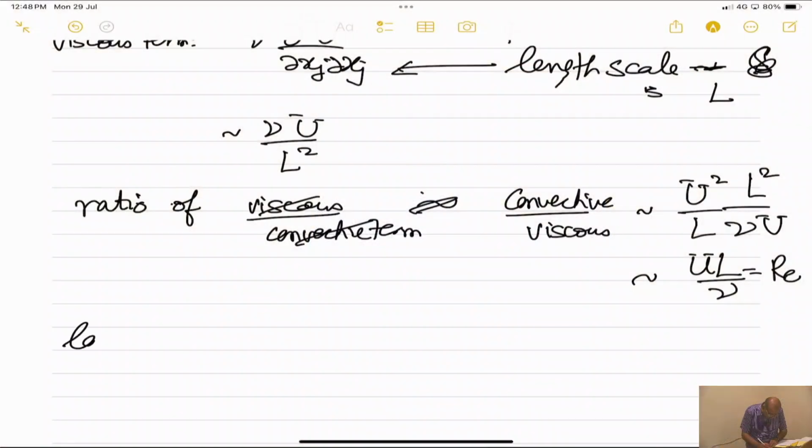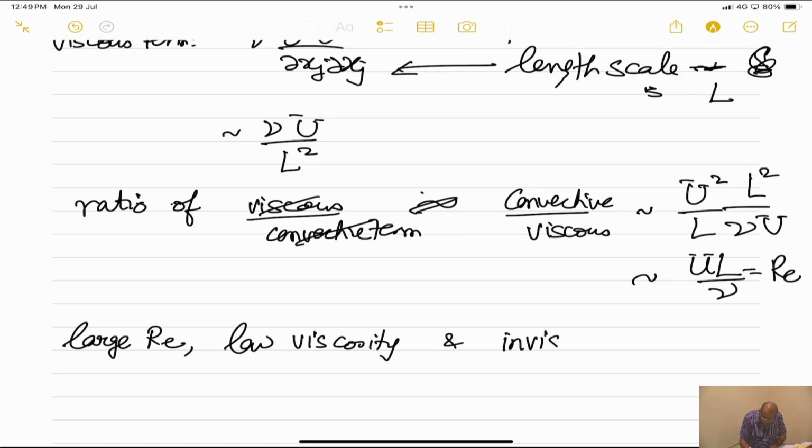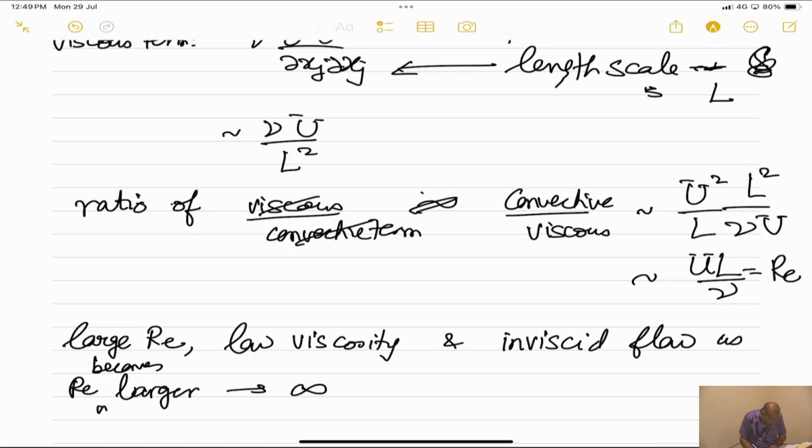when we have large Reynolds number, then we would expect low viscosity, and eventually we would expect inviscid flow as Reynolds number becomes larger and it tends to infinity.